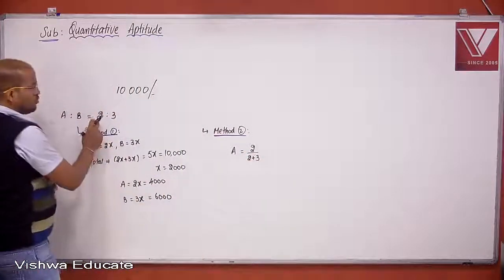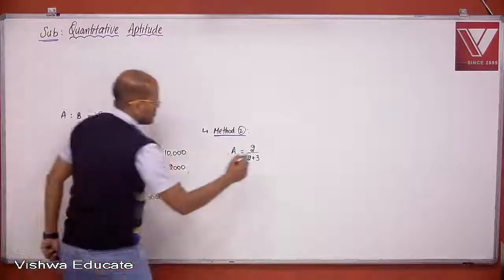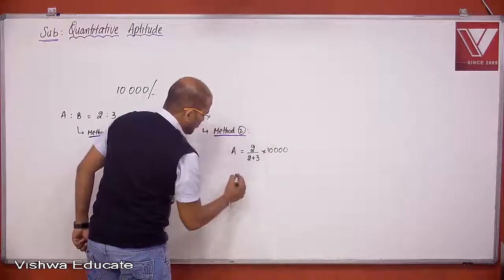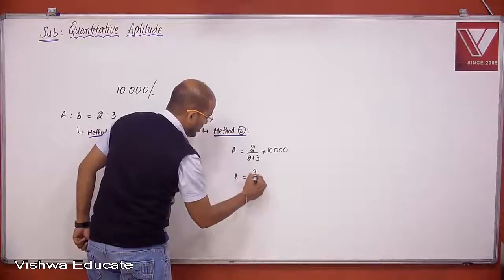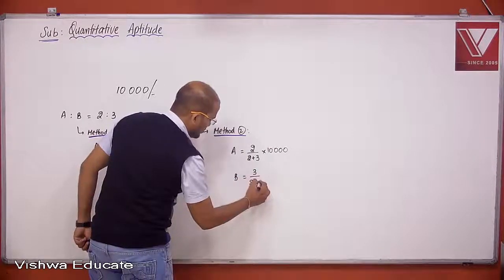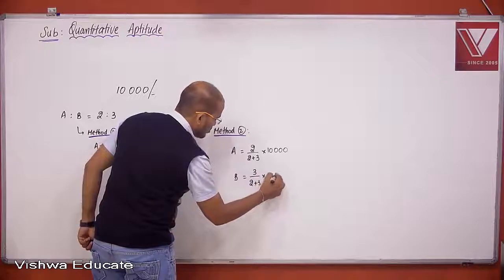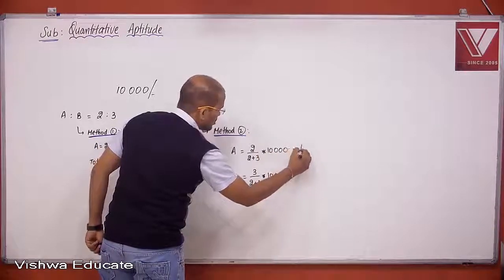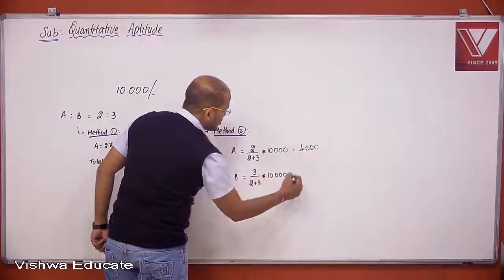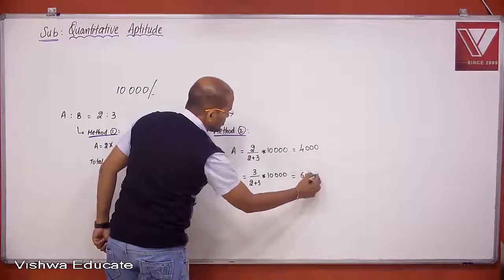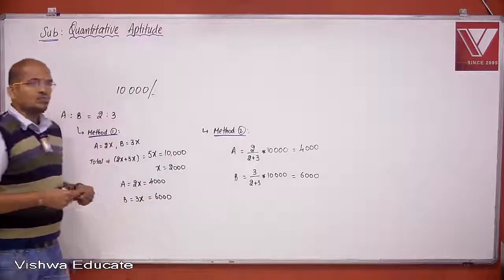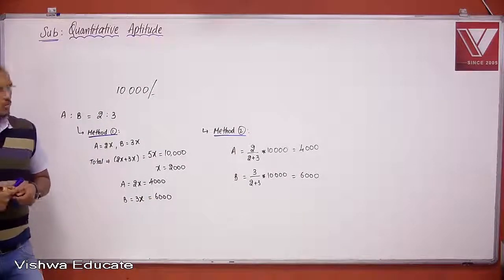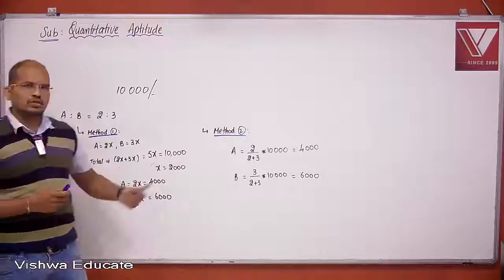Total we have 2 and 3, 5 into 10,000s, and the share of B is 3 out of 5. 4,000s and 6,000s. So people have different approaches of solving problems. So this is method 1, method 2.